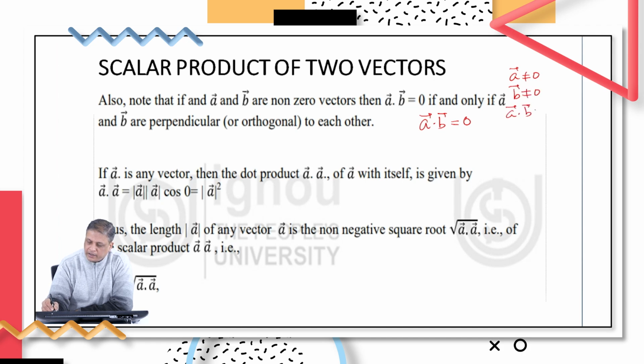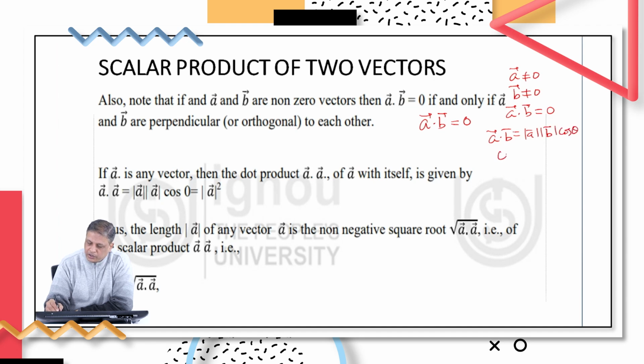This implies that the two vectors are perpendicular, because A dot B is equal to magnitude of A into magnitude of B into cos theta.